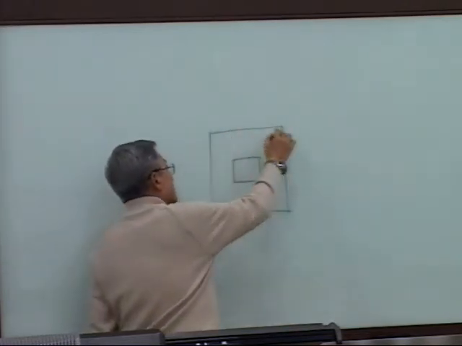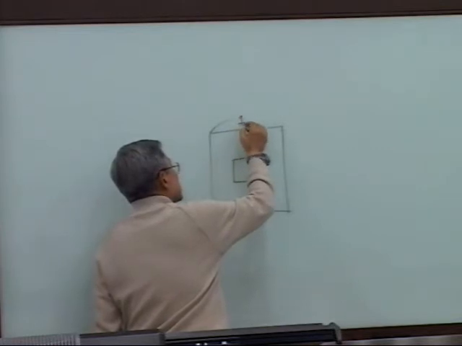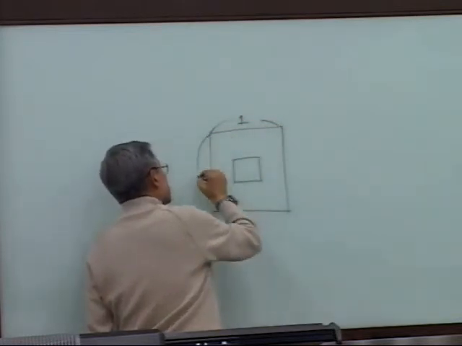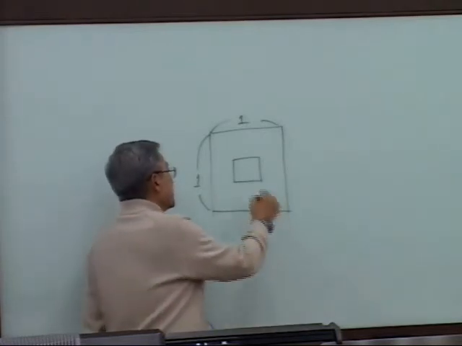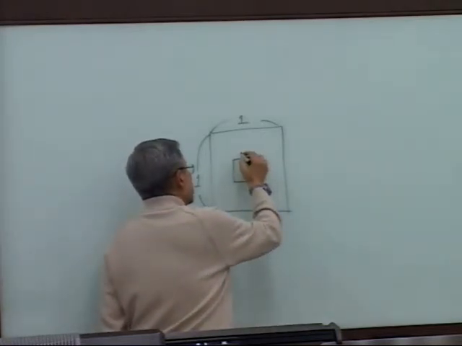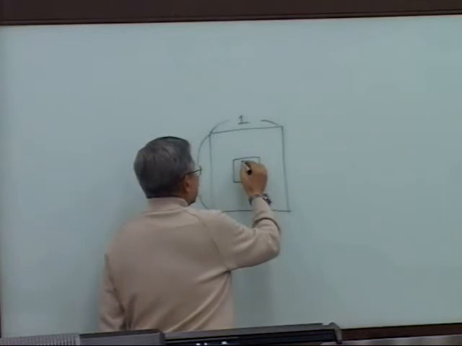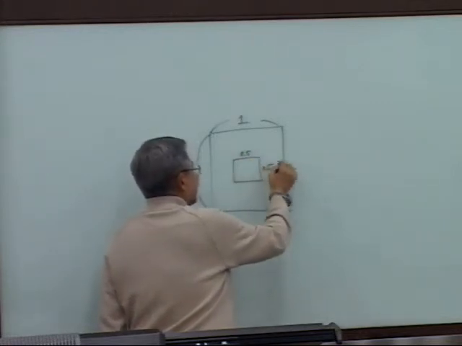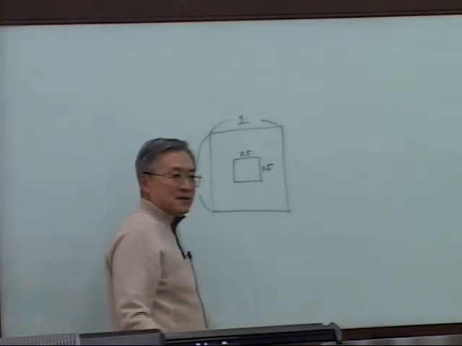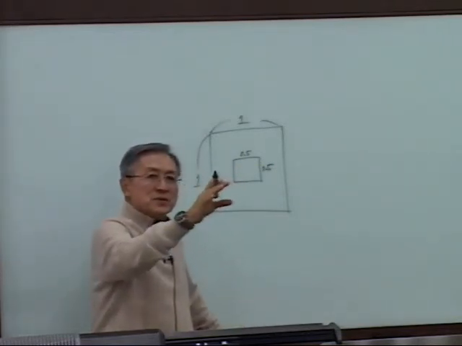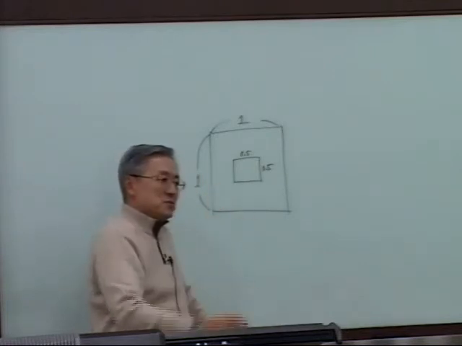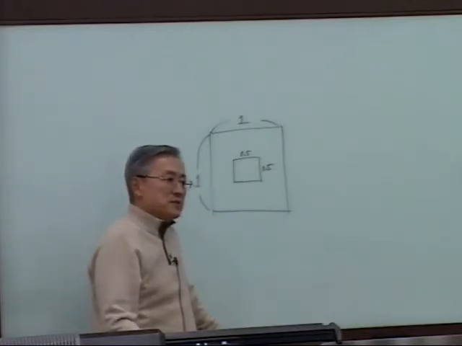And the whole thing is, this is like a 1, this is like 1, and this is like 0.5. Then you stand from some distance away, then you shoot 100 times.